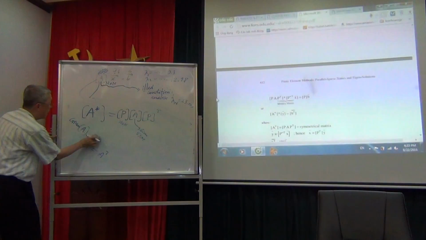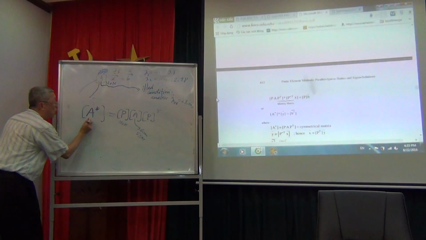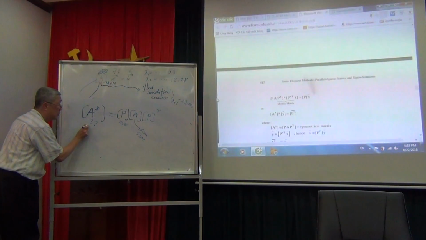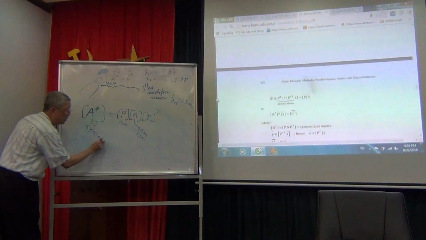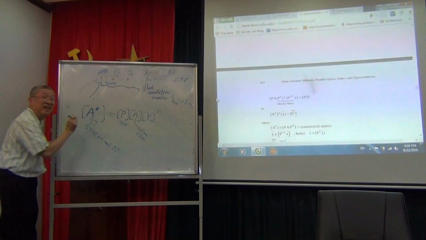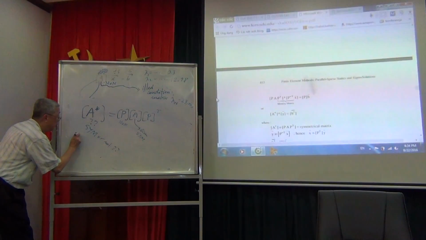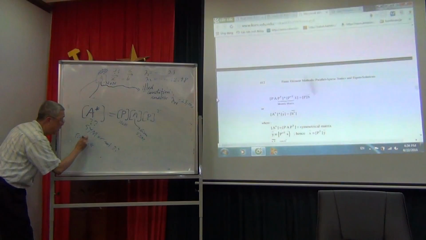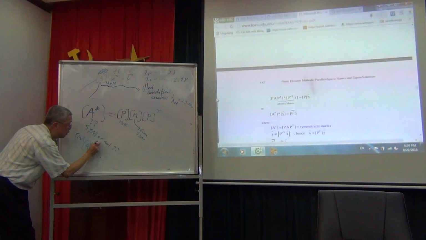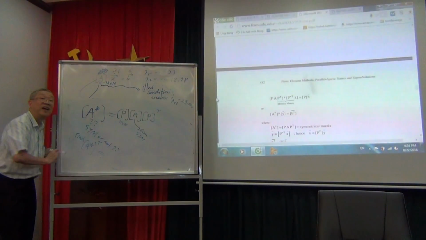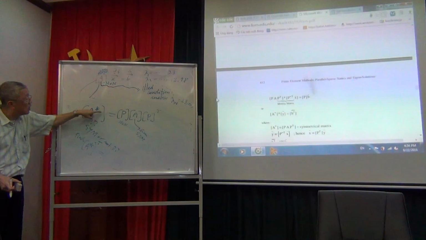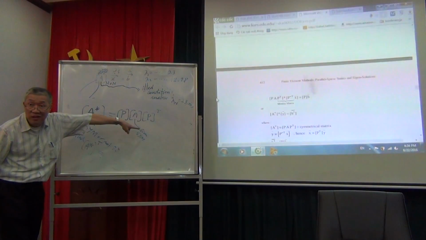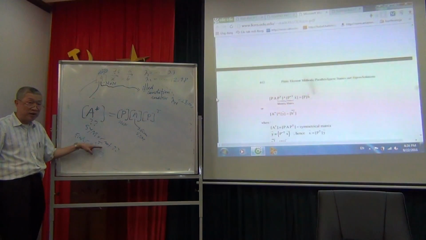So in order for you to prove this is symmetric or not, let's try to find A star transpose.